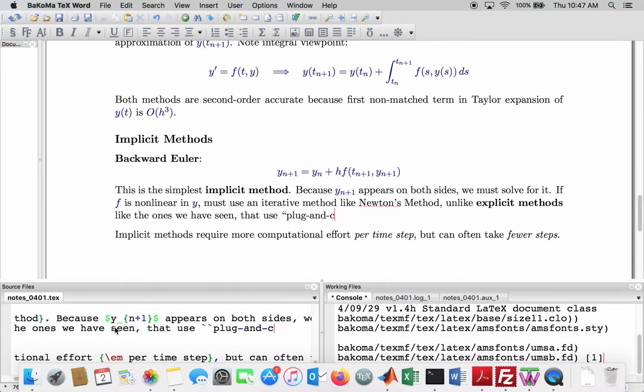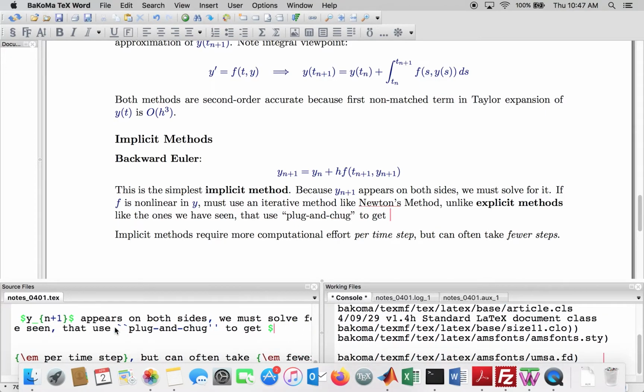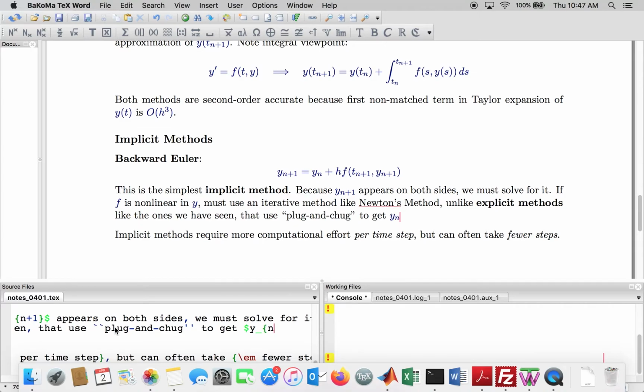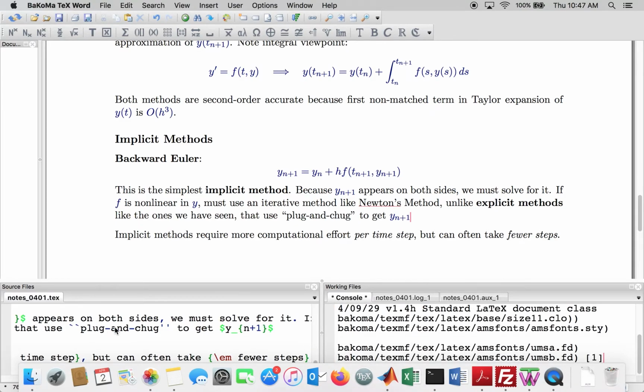The informal description is plug and chug to get yn plus 1. Yn plus 1 only occurs once in the entire description of the method. So you just substitute everything else that you have, like yn, tn, and just work it out, and you get yn plus 1.